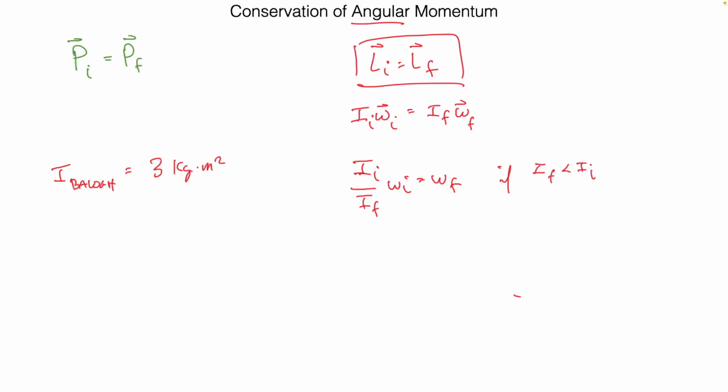So, the initial moment of inertia is going to be the moment of inertia of Mr. Balogh's trunk, the central thing, and we'll include the chair, all lumped together in this 3 kilogram meter squared, plus the moment of inertia of mass 1, plus the moment of inertia of mass 2.